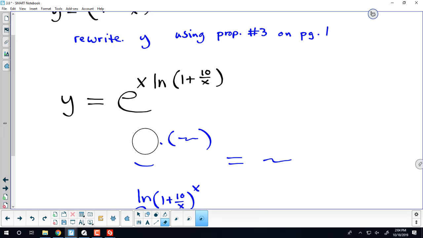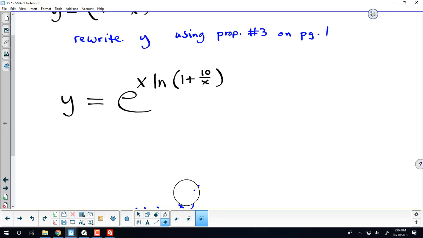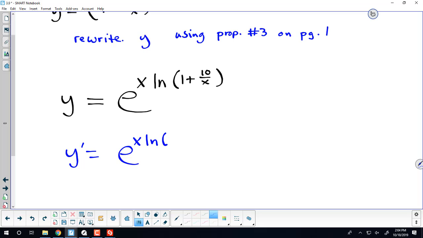So this is where we want to start. After we've rewritten our function, then we're just going to take the derivative of it. Remember, the derivative of e to any power is e to the power times the derivative of the power. So it's still e to this thing. So there's e to the power times the derivative of the power.